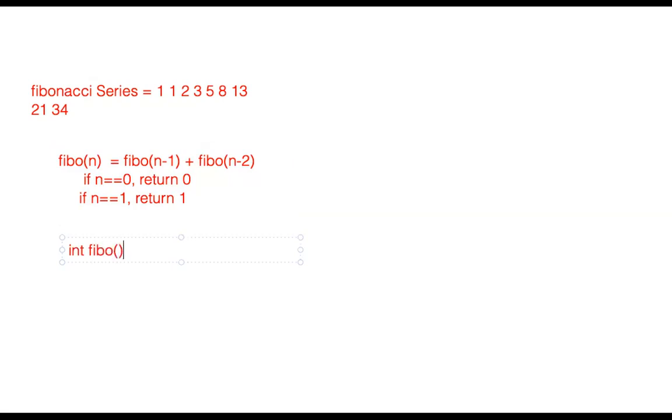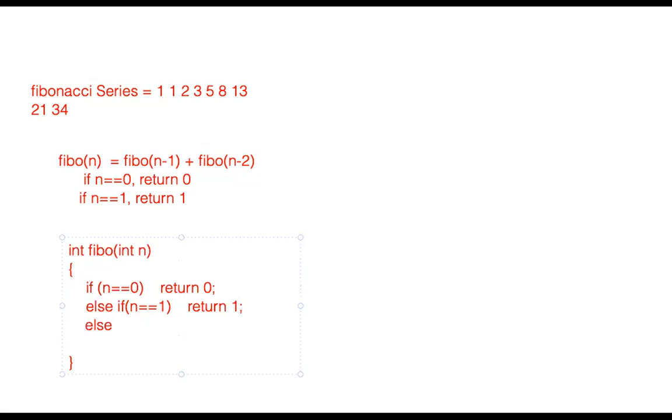Fibo of integer n can be calculated as: if n is equal to 0, return 0. Else if n is equal to 1, return 1.